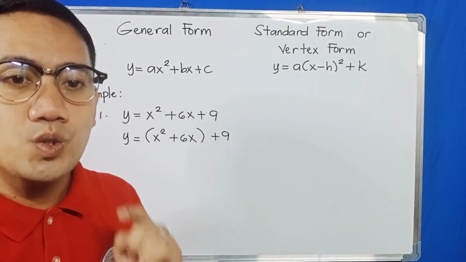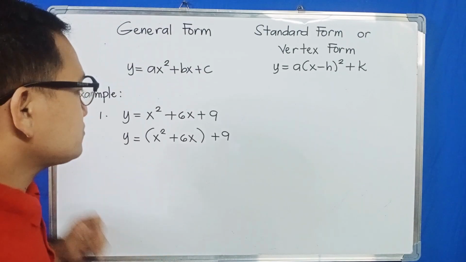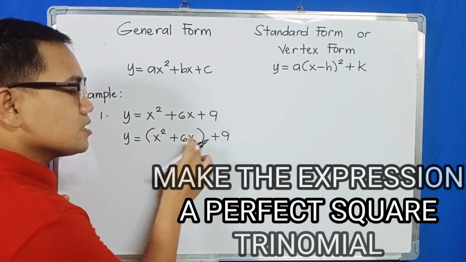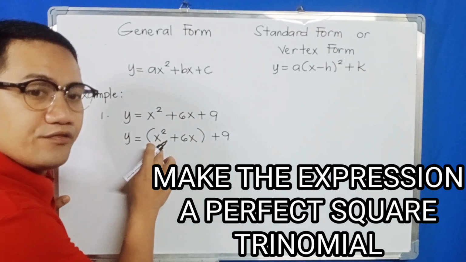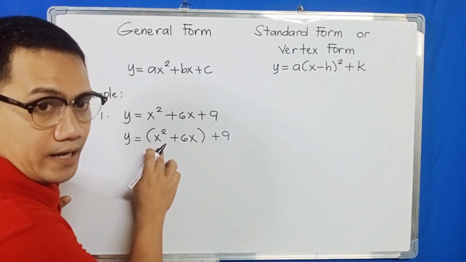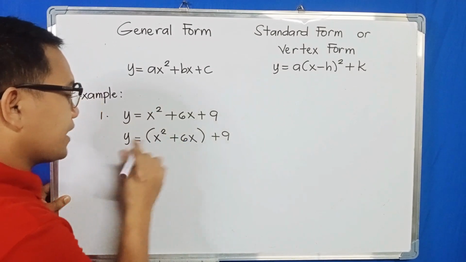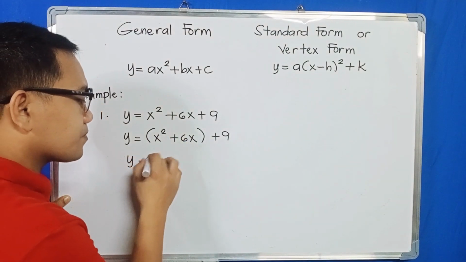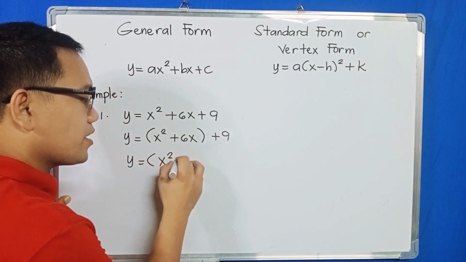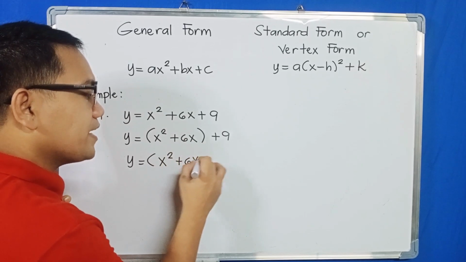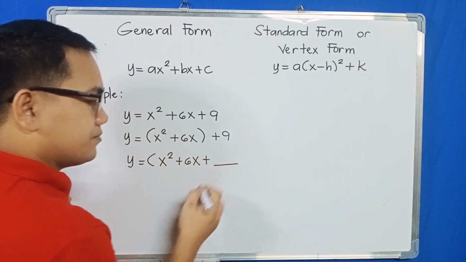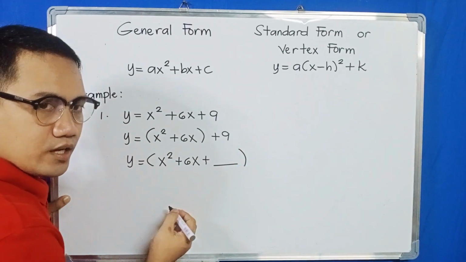The next thing we need to do is to make this expression a perfect square trinomial, by adding a third term.